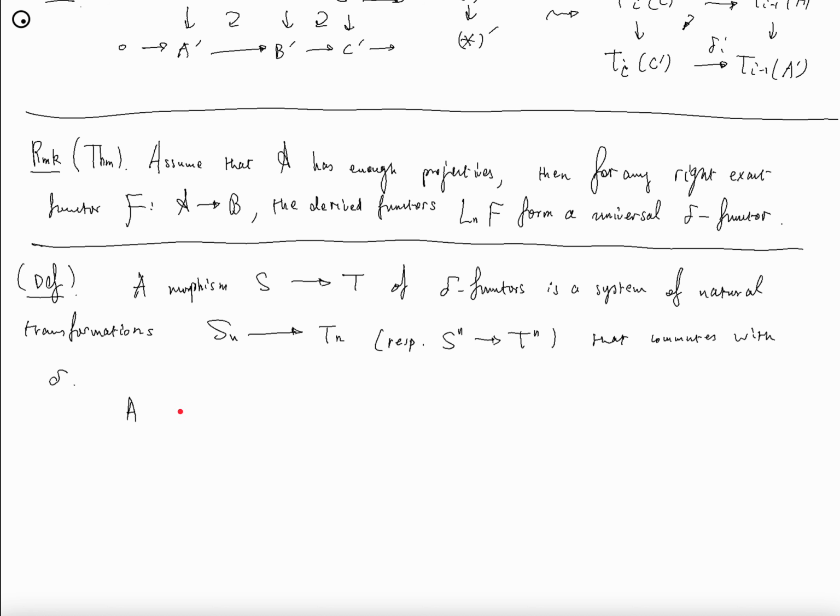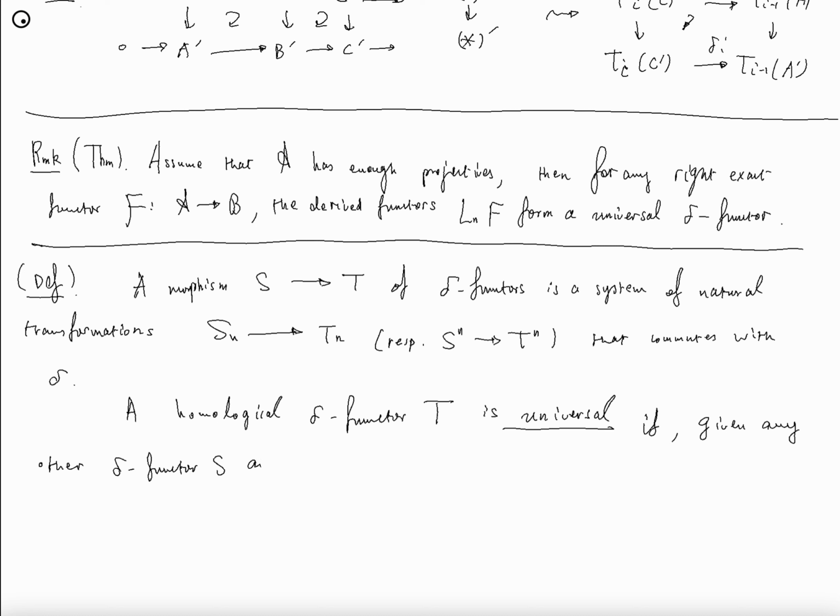And after we define morphism, we see that a delta functor is universal if for any given delta functor S with natural transformation S0 to T0.